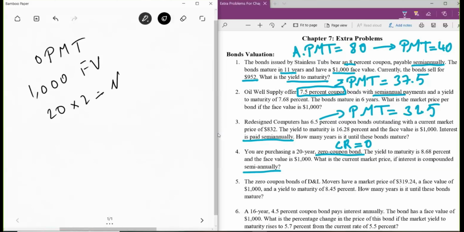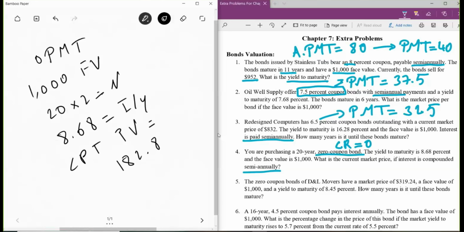The yield to maturity 8.68, divided by 2, so 4.34, this is IY. I compute PV, the price of the bond. The price of the bond is 182.8.